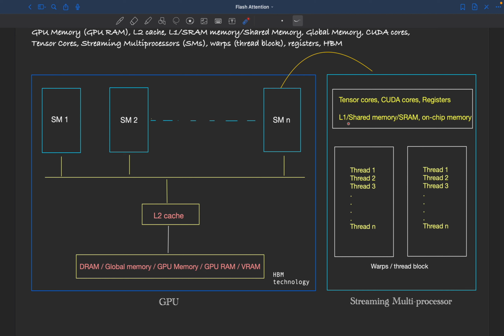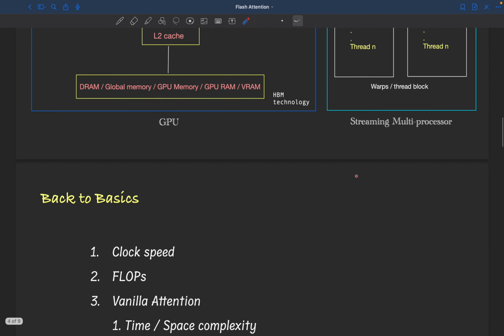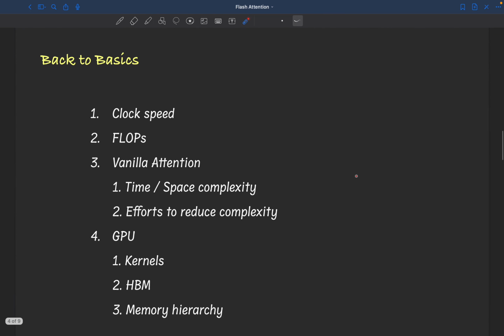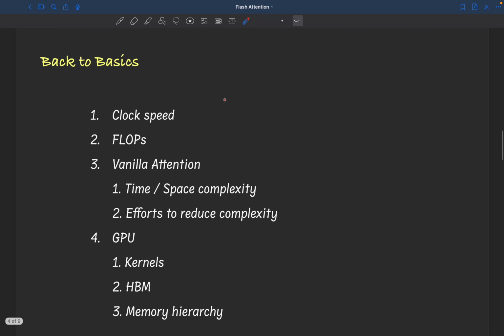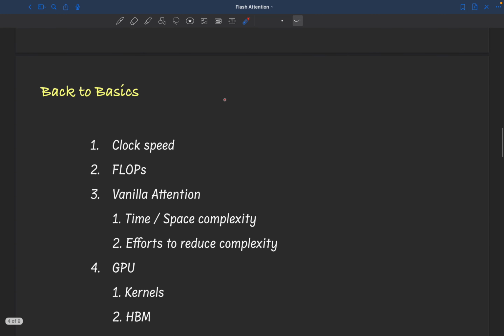And this is all with respect to the GPU terminologies. And let's go further. The last one before we end up: we already discussed clock speed. I was talking about 1 gigahertz, nothing but 10 raised to 9 cycles.